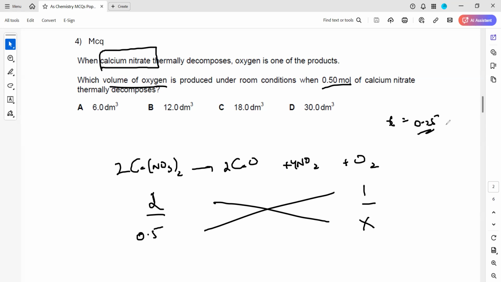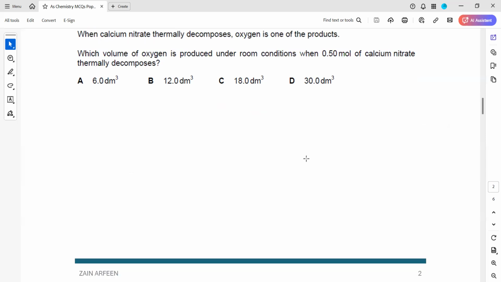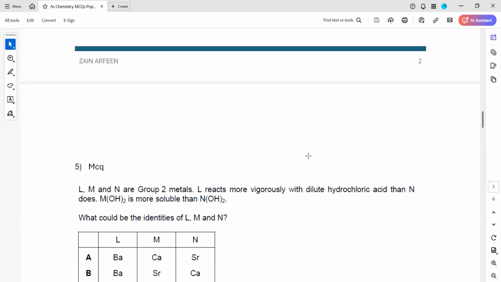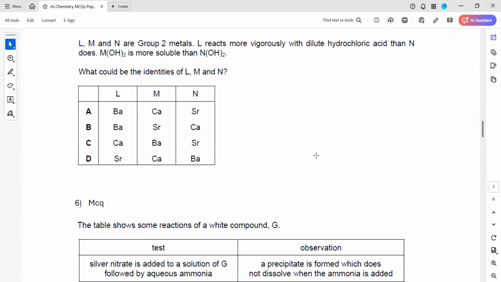After getting 0.25 moles, we multiply by the molar volume, which is 12. So 0.25 multiplied by 12, and we get A as the right answer. So first you have to write a balanced equation for the thermal decomposition of the metal nitrate, calcium nitrate, and then use the ratio.